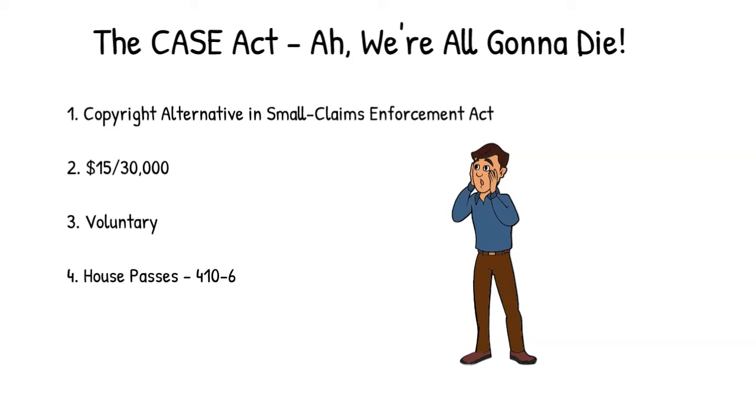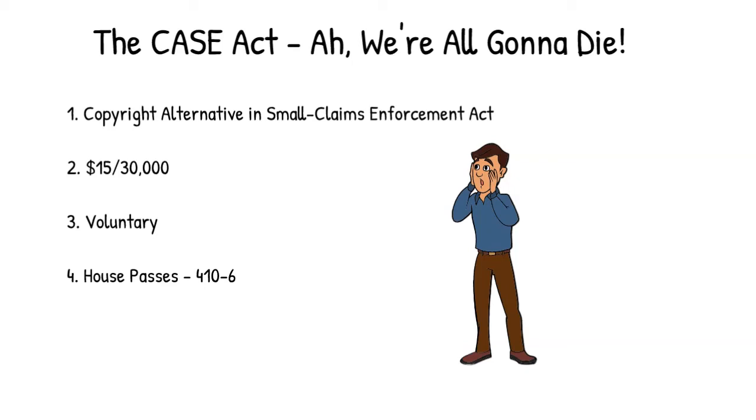Secondly, and perhaps even more important, this is a voluntary situation. If a copyright owner files a complaint, the Copyright Claims Board is then going to send a letter to the alleged defendant saying, hey, there are some allegations filed against you. At that point, the defendant can opt out and say, I do not submit to the Copyright Claims Board. If this guy wants to sue me for copyright infringement in federal court, go for it.